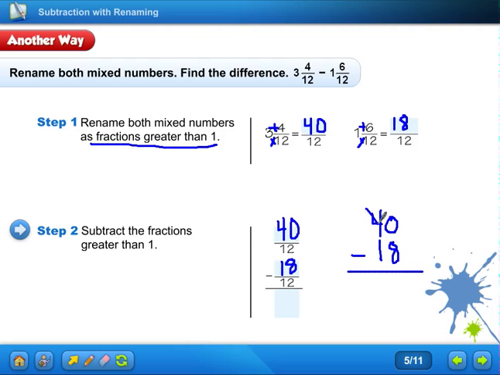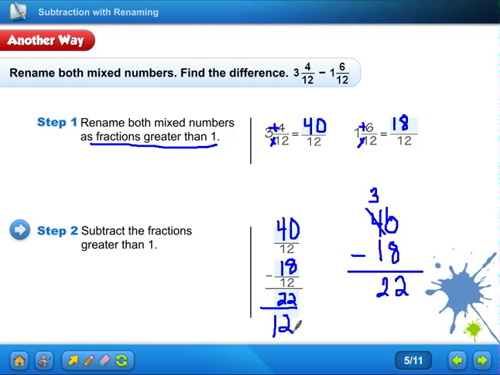I'm going to have to cross that out. That becomes a 3. 0 becomes a 10. 10 minus 8 is 2. 3 minus 1 is 2. So 40 minus 18 is 22 twelfths.